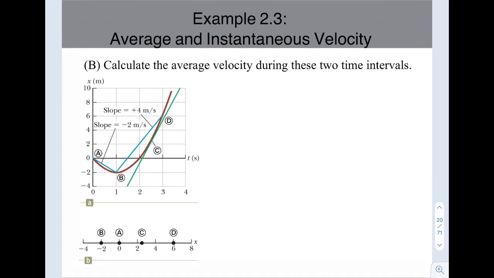Part B. Calculate the average velocity during these 2 time intervals. Average velocity, so how to do this one?